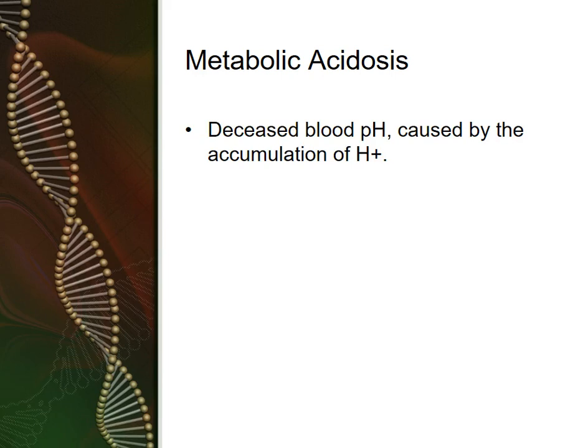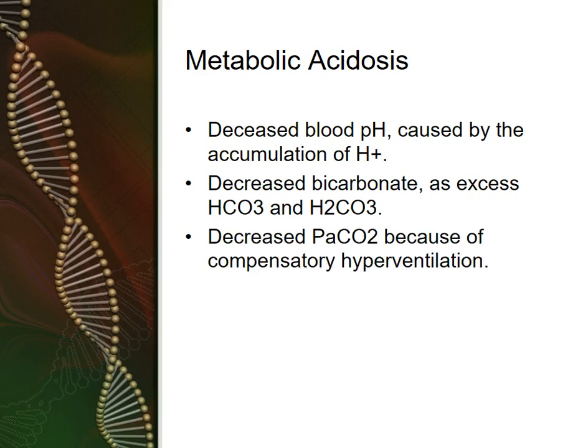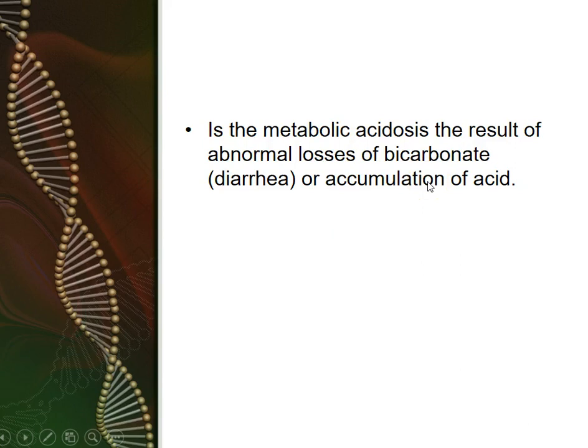So, metabolic acidosis: decreased blood pH caused by accumulation of hydrogen, decreased bicarb, and decreased PCO2 because of compensatory hyperventilation. Is the metabolic acidosis the result of abnormal loss of bicarb, in the case of diarrhea, or the accumulation of acid?